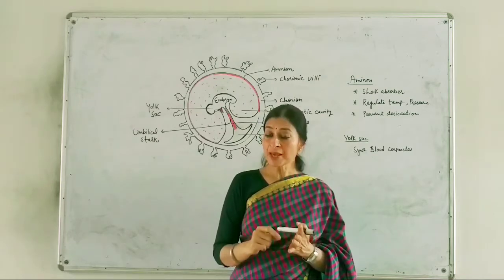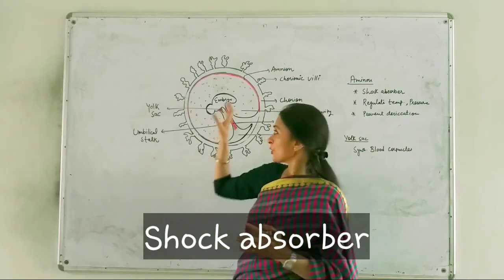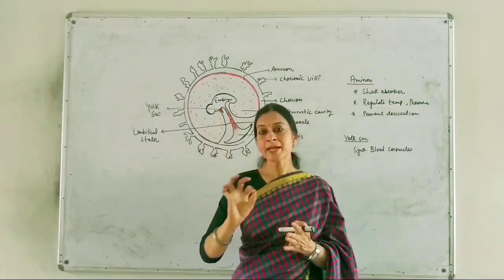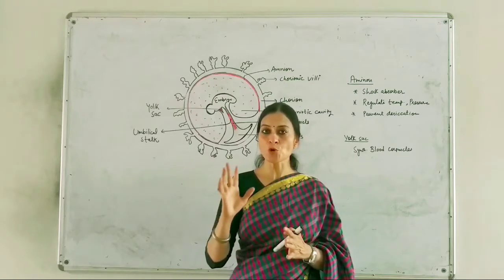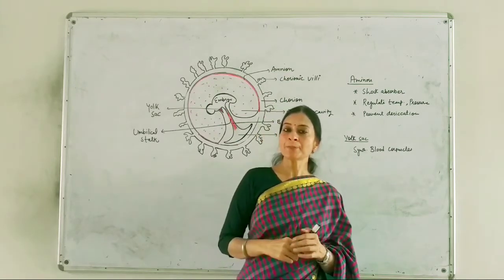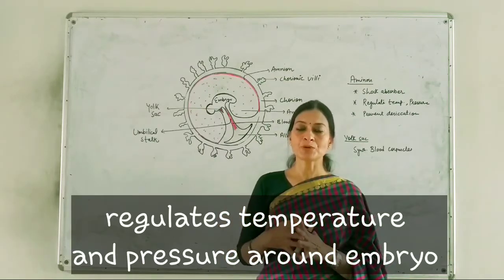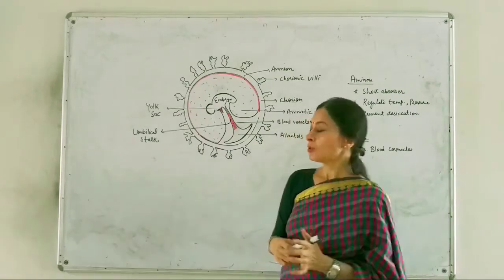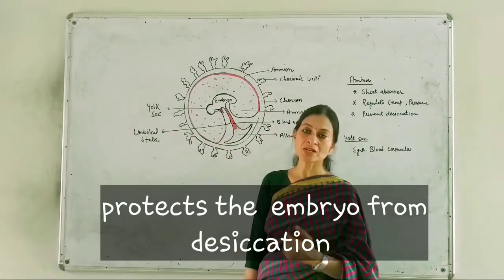Means it works as a shock absorber. It will protect this embryo from any type of pressure change or any type of mechanical shock. And also it helps in regulation of the temperature around this embryo. It also protects this embryo from desiccation.